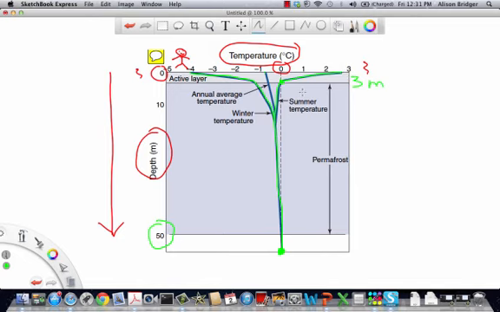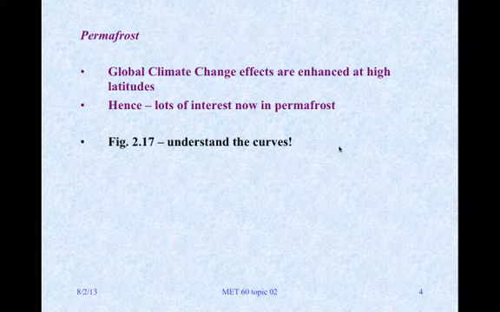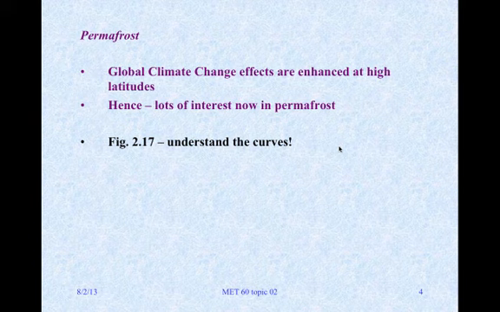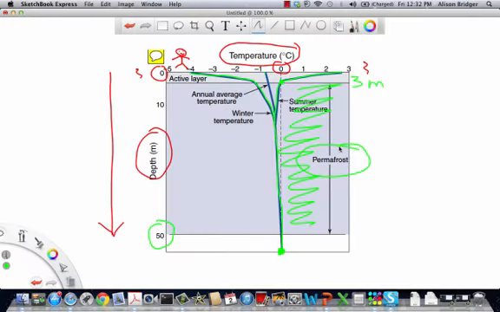And then below that, this whole region is always frozen, and hence the term permafrost, permanently frozen. So that's what permafrost is, and we saw a figure earlier showing the extent of permafrost in North America anyway. Something that we're worried about in terms of the permafrost is the leakage of methane.